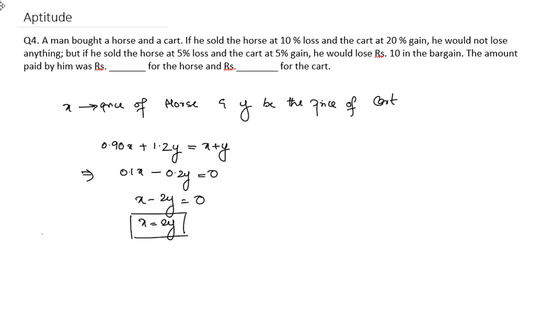That is the first condition. The second condition is he is selling the horse at 5% loss and the cart at 5% gain. That means 0.95x plus 1.05y, he is making a loss of 10 rupees. That is total price x plus y, and he is making a loss of 10 rupees.